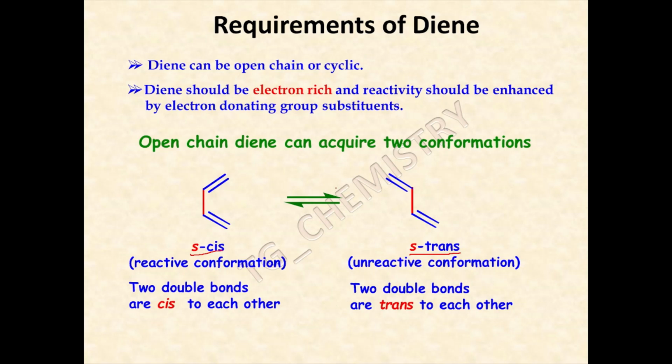These are very important points that we need to analyze to decide whether a Diels-Alder reaction will proceed or not. You cannot look at the diene system only, but you also have to look for the right reactive conformation of the diene, which is basically S-cis.